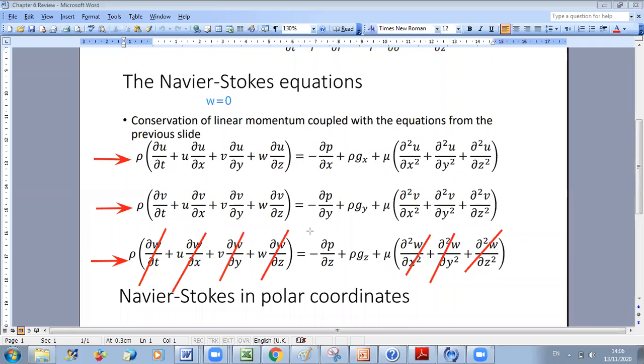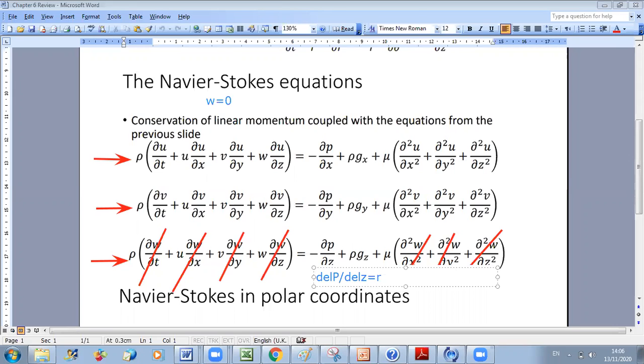Along z you have the weight. It depends on which is your z direction. So here, if you consider the vertical is weight, then you can get from this relation that del p by del z is equal to rho gz.